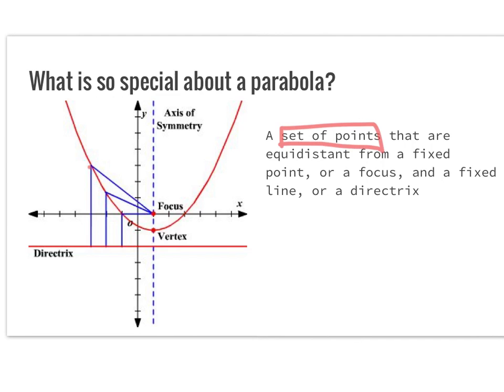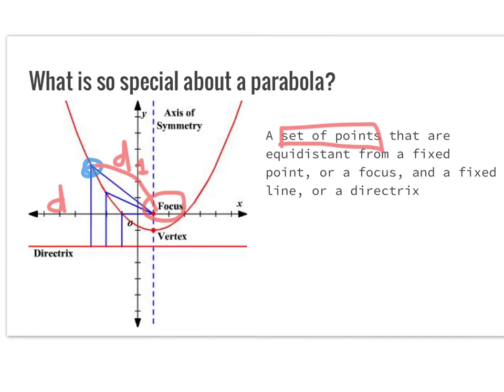Suppose I have this point over here. I'm going to call the distance here D1. This is the distance from a point over here.